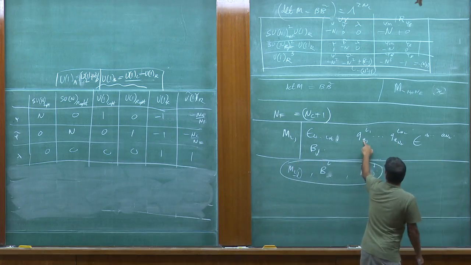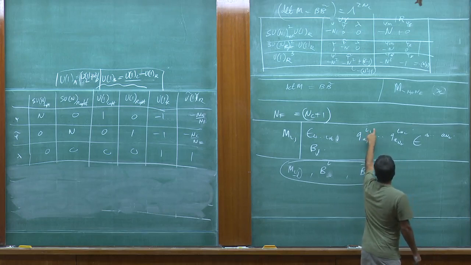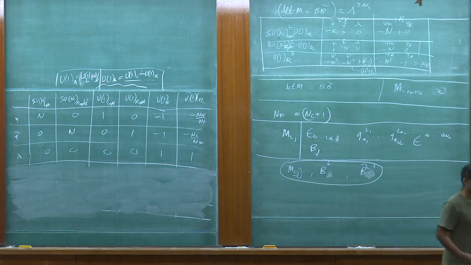Now, the gauge indices that are contracted can't have equal flavor indices, because otherwise you would get 0. So all the flavor indices have to be different from each other. We have one left over. It's the one flavor that does not appear in that contraction. Is this clear?